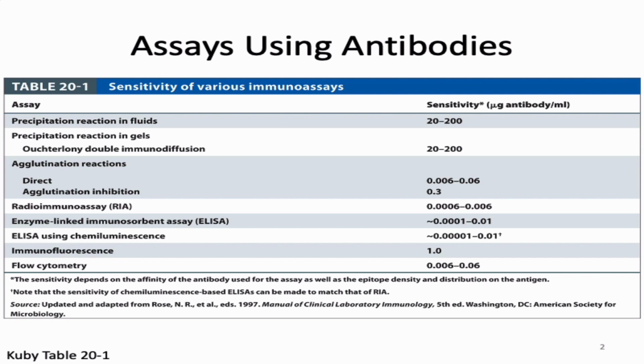The different tests that we're going to talk about also vary in that some of them are testing for antigen, using antibodies as like the fish hook to find the antigen. Others are testing for antibodies, using antigen as the fish hook. And so you can use either side of this relationship.